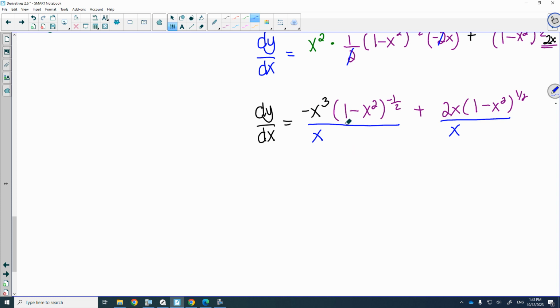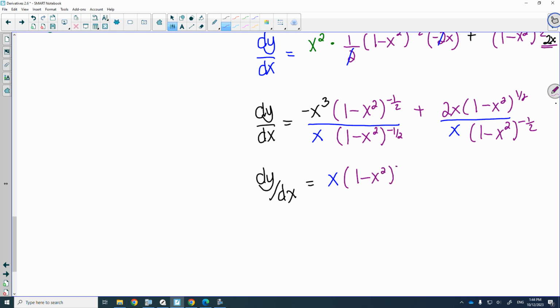That's right. Then I'd factor out (1 minus x squared) to the negative 1 half. So I took out an x. I factored out a (1 minus x squared) to the negative 1 half.